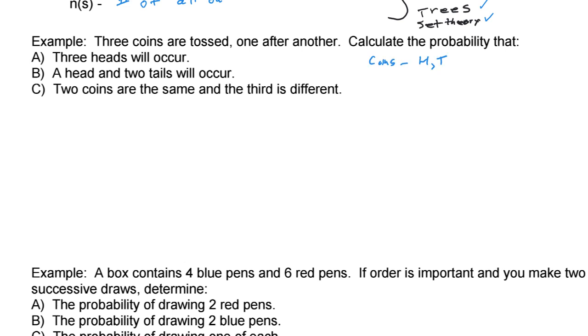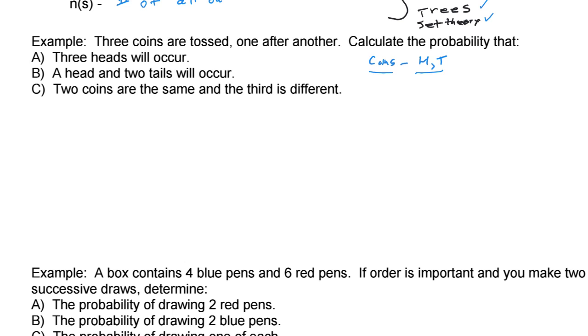And we'll indicate the state of each coin by using an H or a T. Because each coin gets flipped, there are 3 stages.